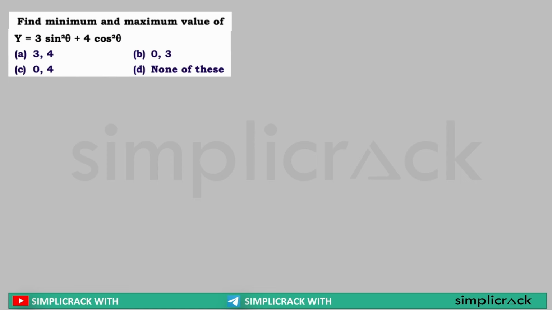Now here it is written, what is the maximum value of 3 sine square theta plus 4 cos square theta. So what you have told, if an expression is written like this, A sine square theta plus B cos square theta, and A is less than B, that means minimum value is what?